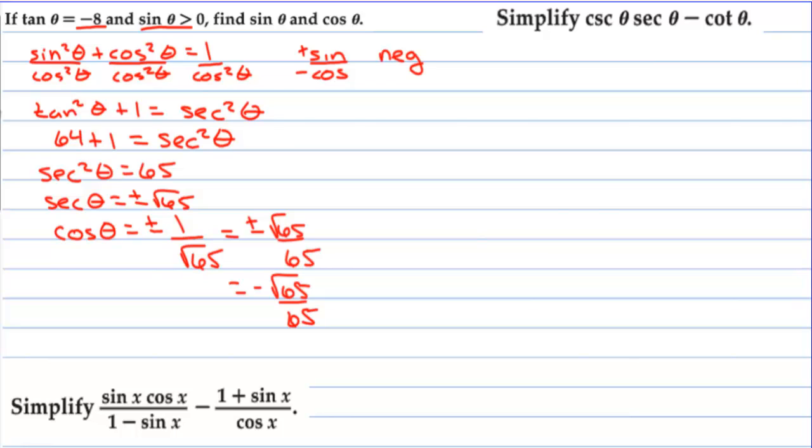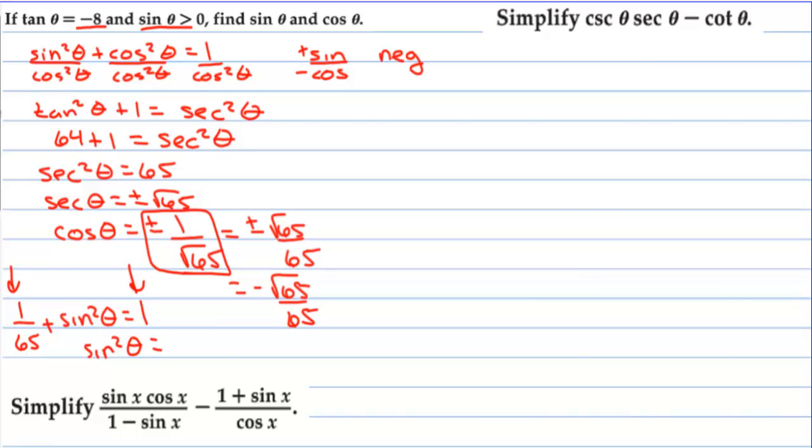Now, to get sine, I'm going to use the fact that if you square this right here, I don't care if it's plus or minus, you're going to get 1 over 65. So cosine squared plus sine squared should be equal to 1. I don't care if it's plus or minus when you square it. That negative would go to positive. Sine squared is now equal to 65 minus 1, right?